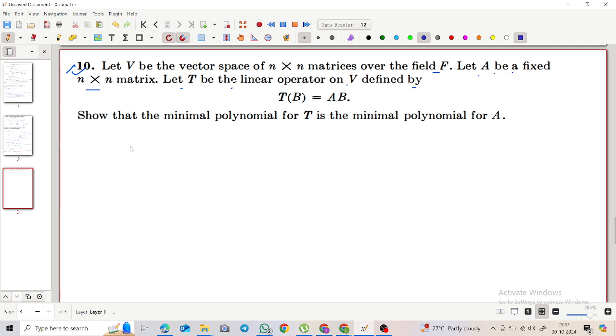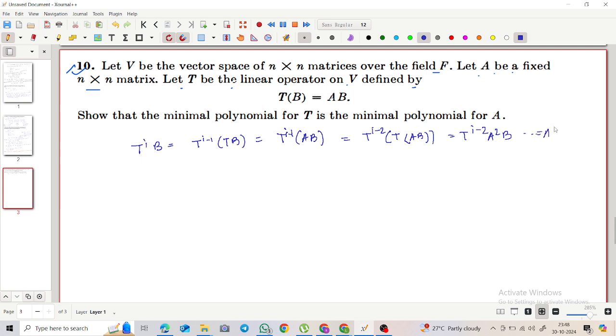So we all know that we have shown that T to the power I of B is T to the power I minus 1 of TB, that is T to the power I minus 1 of AB, and that is T to the power I minus 2 of T of AB, that is T to the power I minus 2 of A squared B, and so on.